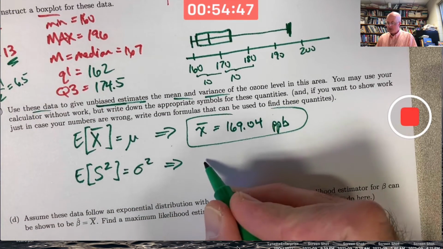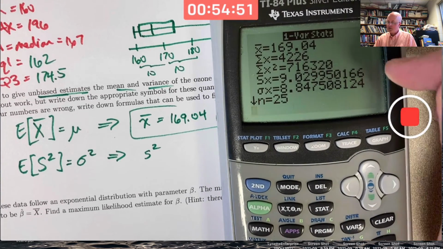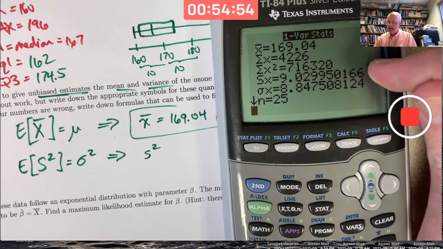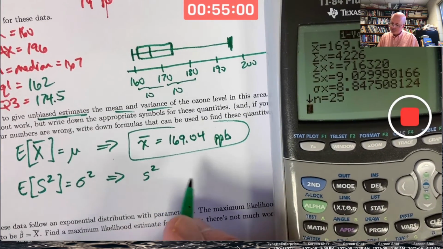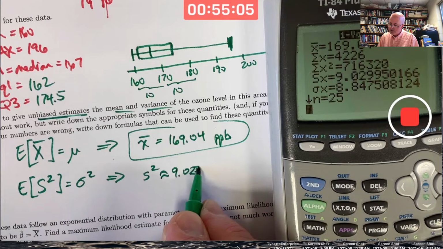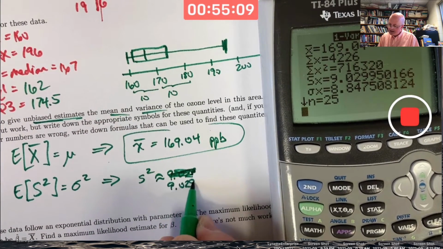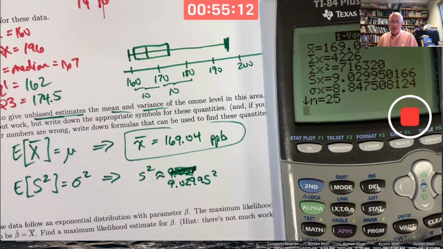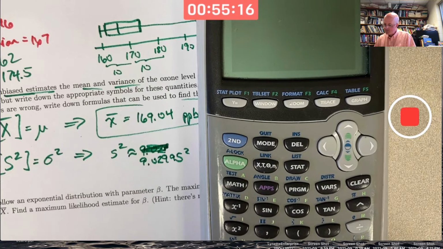So we want now an observed value of S squared. So on the calculator output, it's important to do the S, not the sigma. Use S. That's the main point, is use S, this 9.02995, and square it. 9.02995 squared will be our observed value of S squared.